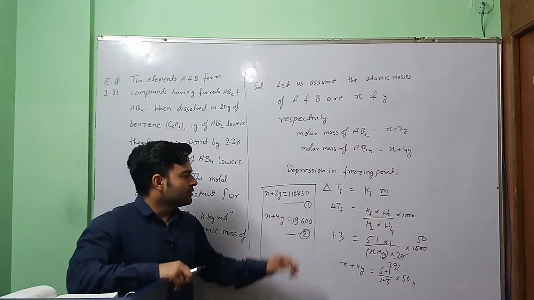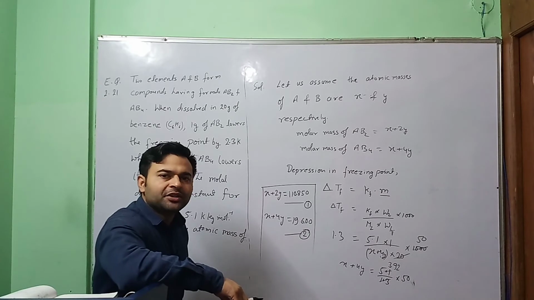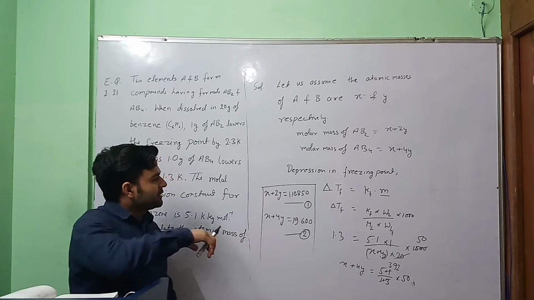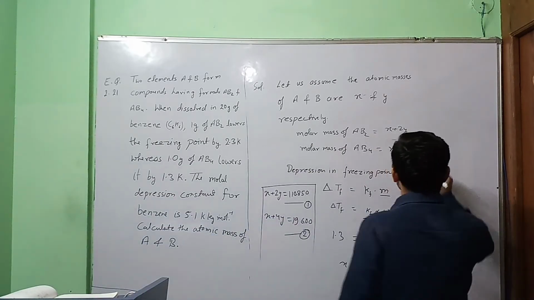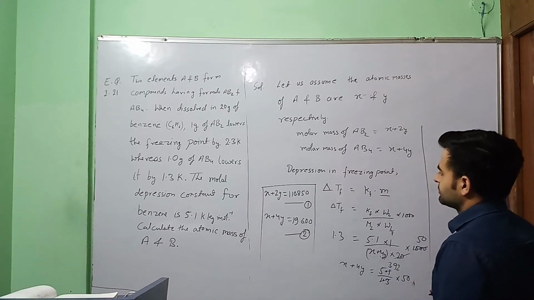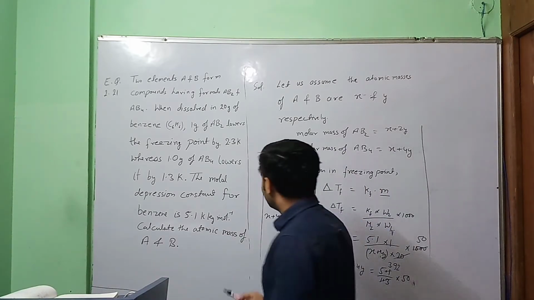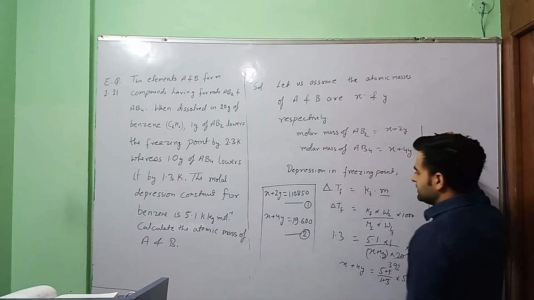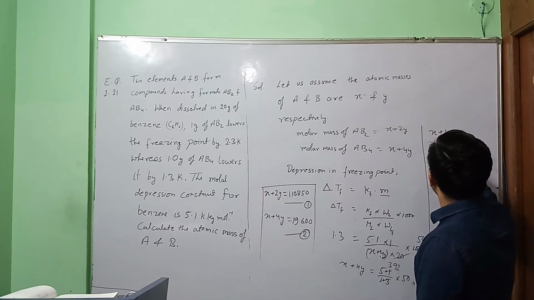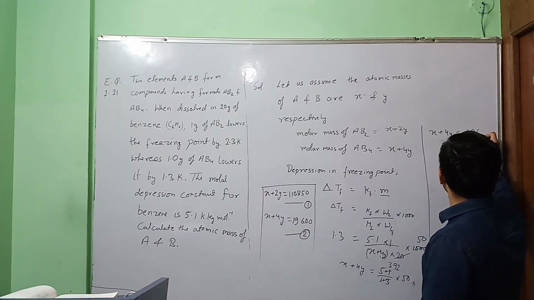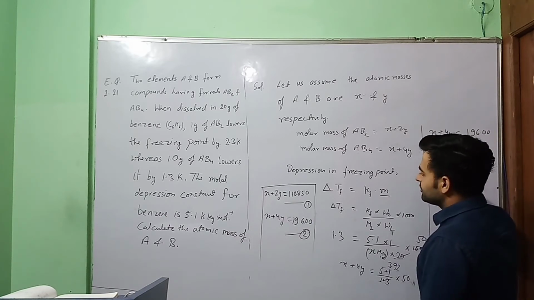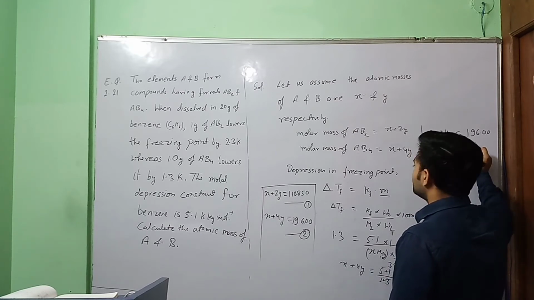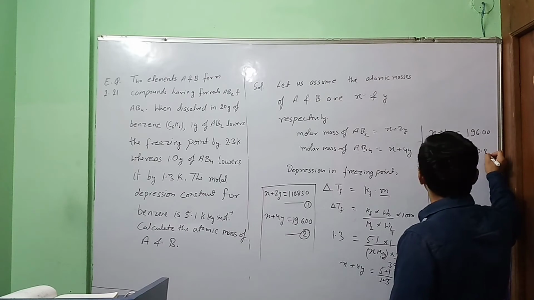Now we can solve this by using method of linear equation in two variables. If I subtract equation 1 from equation 2, then X plus 4Y equal to 196.00, and equation 1 is X plus 2Y equal to 110.85.